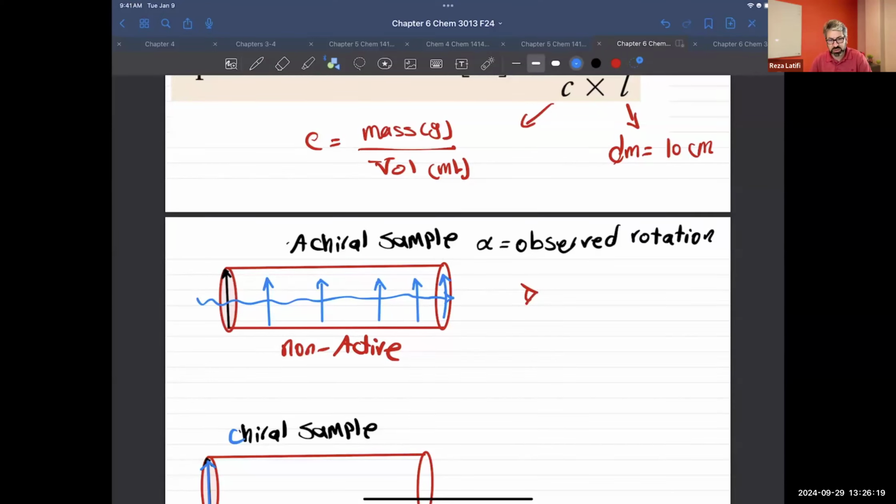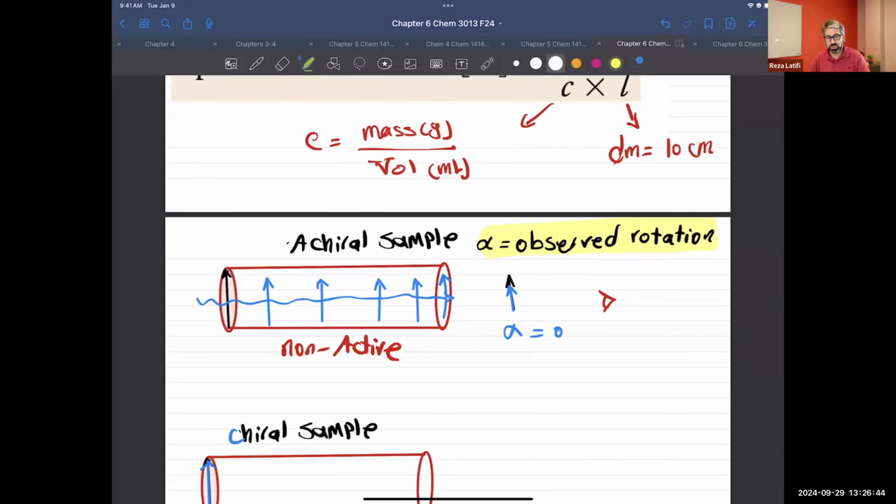In that case, you will see no change with the direction of the light. You started up and down, and at the end point, again, you got it up and down. So we say the change with the direction of light is going to be 0. What's the alpha? We call it the observed rotation.